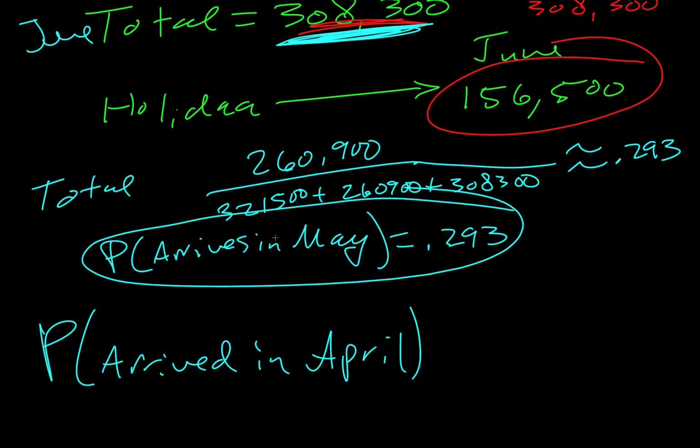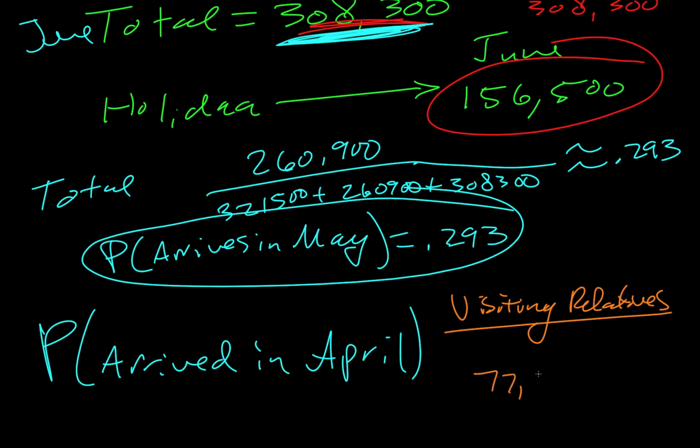So the reason he visited, he was visiting his brother. So there's a category that says visiting friends and relatives. So we look there, and then we look at the column that's April, so the first column, and that says 77,500. So that's going to be what we want.